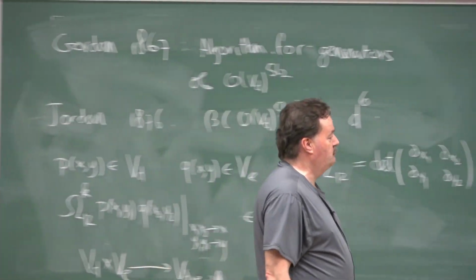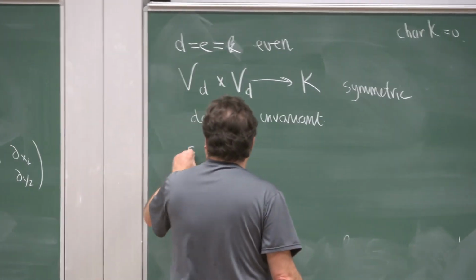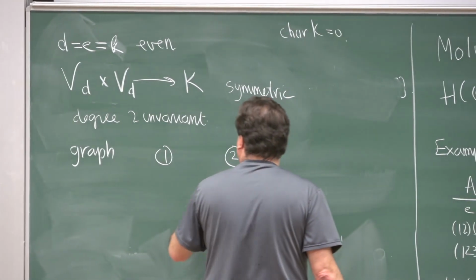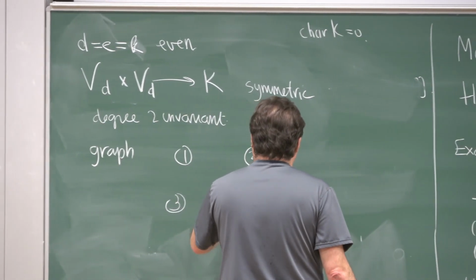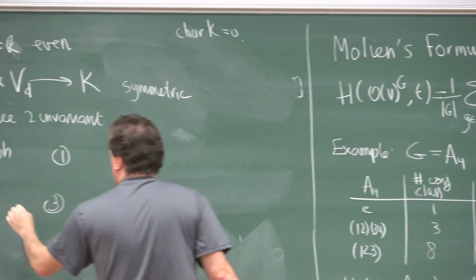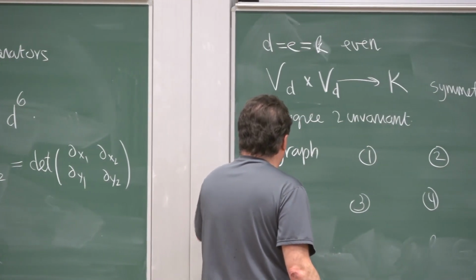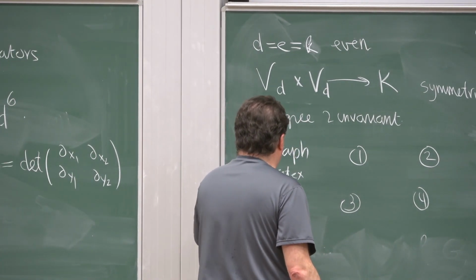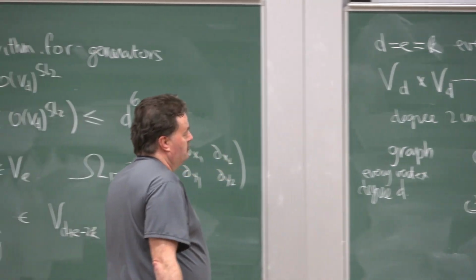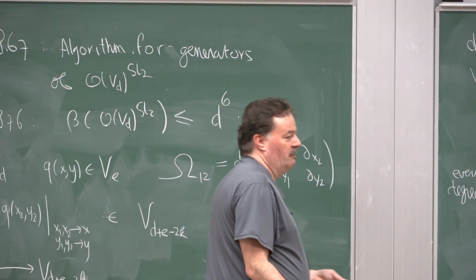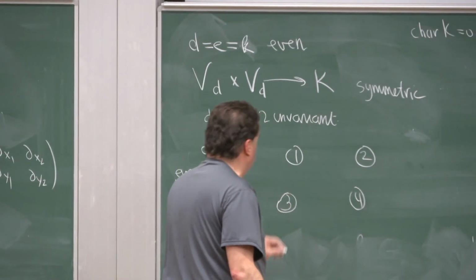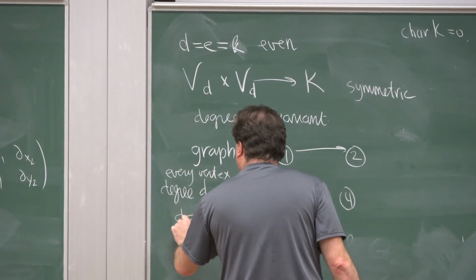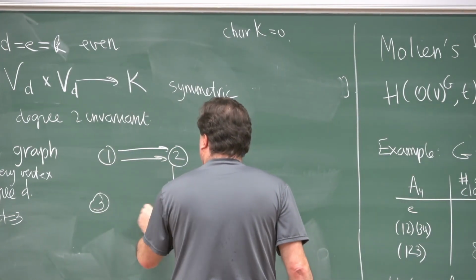So, for example, we could start with a graph, say one with 4 vertices, where every vertex has degree d. And I'm going to make it an oriented graph, but the orientation is not going to matter that much. So, for example, if I take d is 3, then I could do this picture.